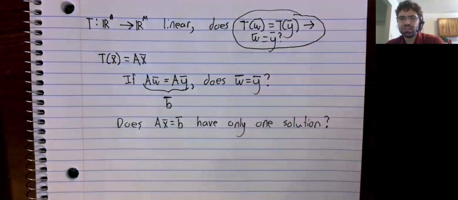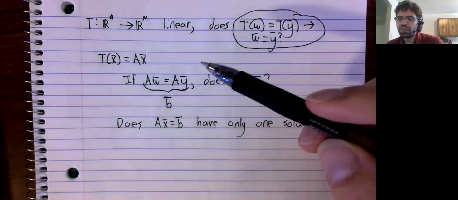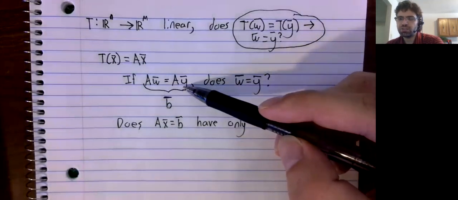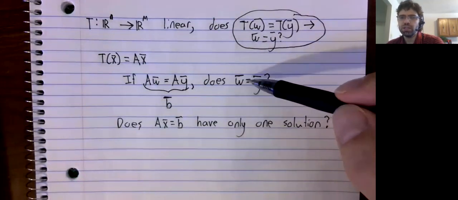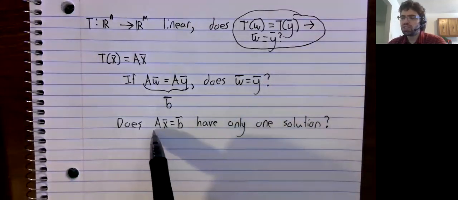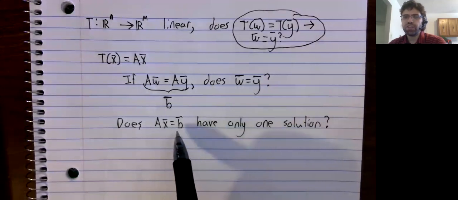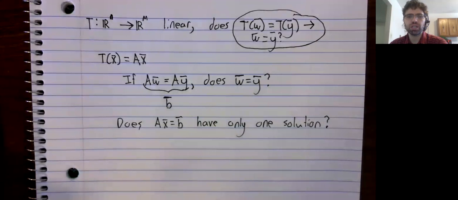That is, if W is a solution and Y is a solution, does that mean W equals Y? Or does AX equals B have at least two, and therefore infinitely many solutions? And again, we already have a theorem that covers this.